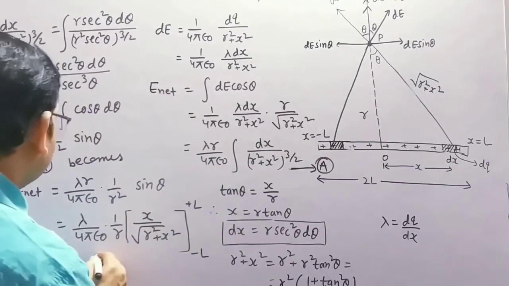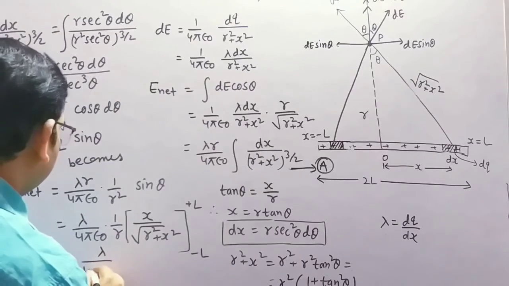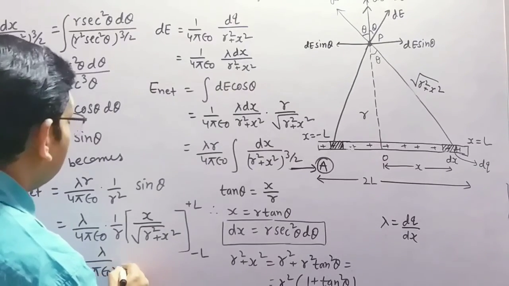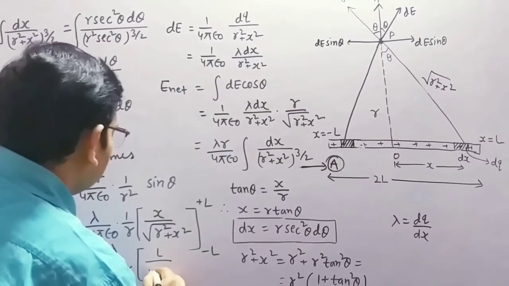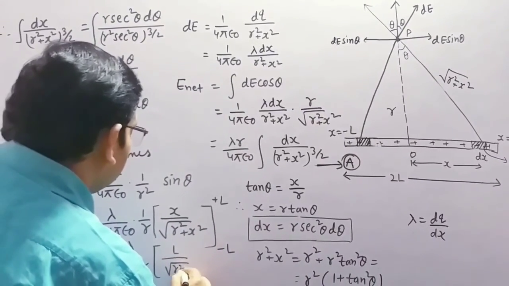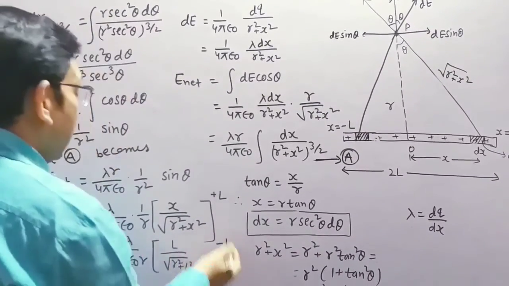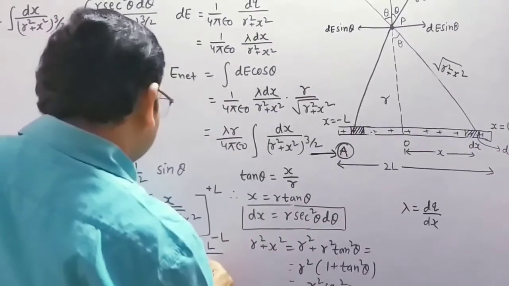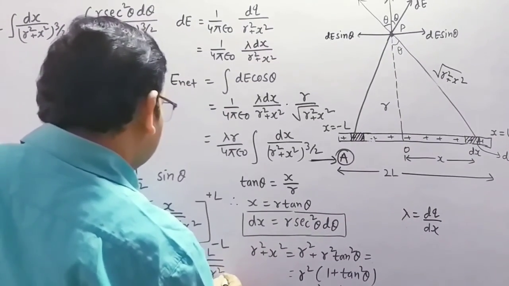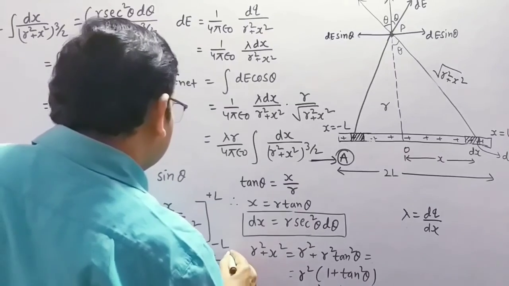So we have lambda by 4 pi epsilon r times, the upper limit l by root under r square plus l square, minus minus l by root under r square plus l square.